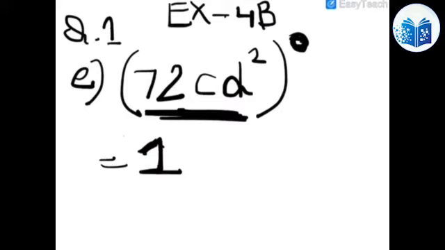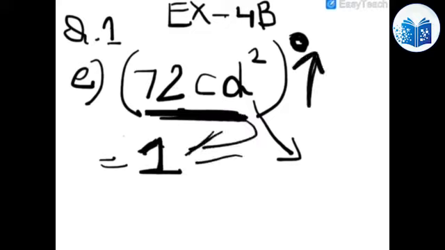So do not get confused if we have a huge number with many multiples or squares or cubes or roots within the brackets. If the power is 0, the entire thing is going to become 1. Nothing will happen with the value except that we are turning it to 1. Okay, now question number F.